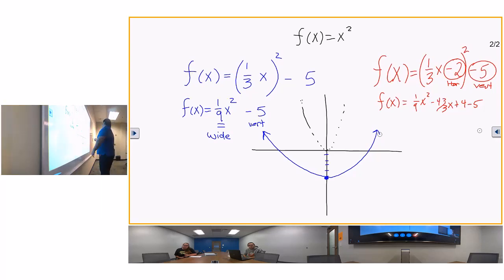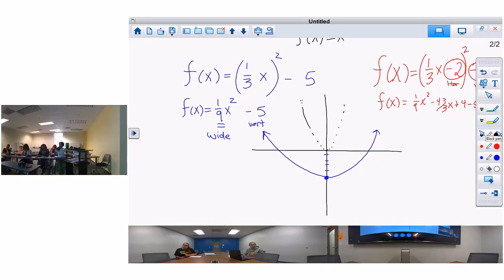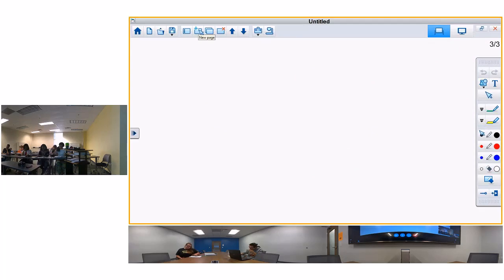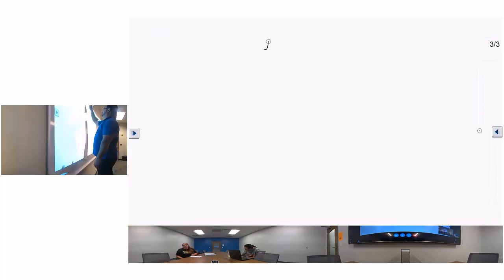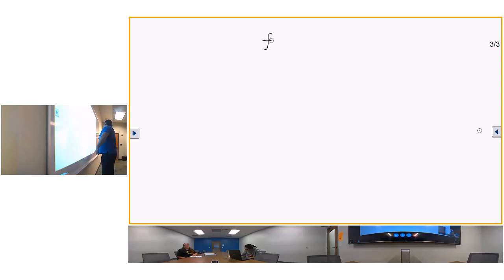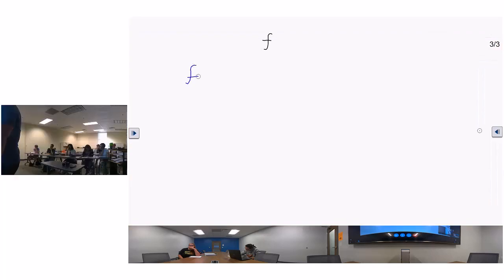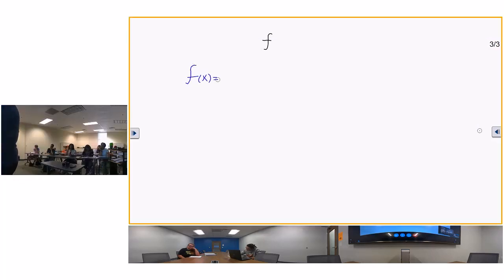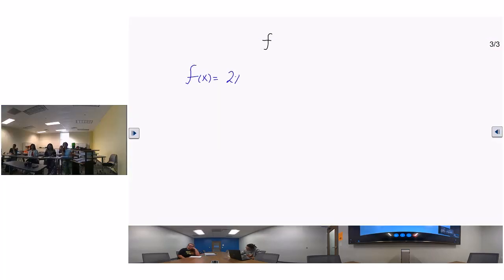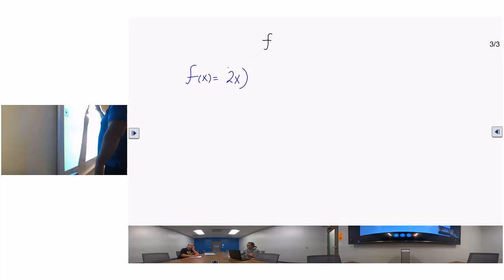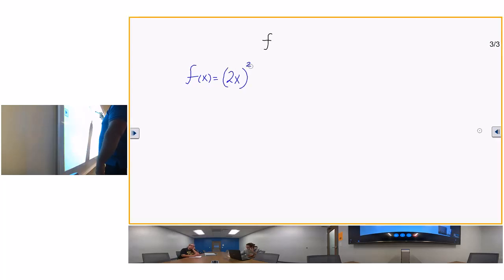All right, what's the third one? 2x in parentheses squared minus 5. Okay, so black. Say it one more time. F of x equal what? 2x in parentheses squared minus 5.